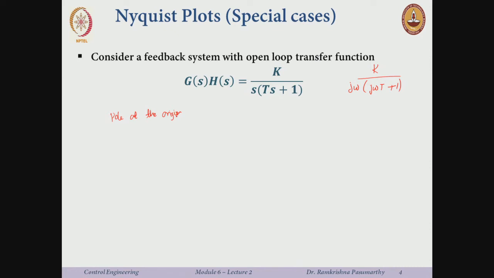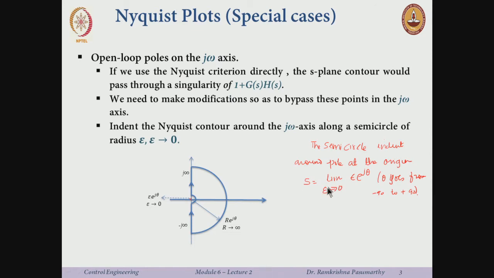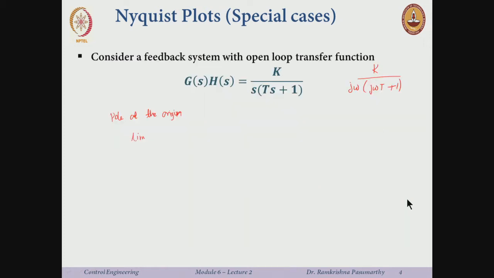The standard approach from the last class will not work because there is a singularity when I substitute s equal to 0. So I take the limit as epsilon goes to 0. This is the value of S. Now we will see how this value of S, defined by the little semicircle epsilon e power j theta, with epsilon going to 0 and theta going from minus 90 to plus 90, maps to the QS plane.